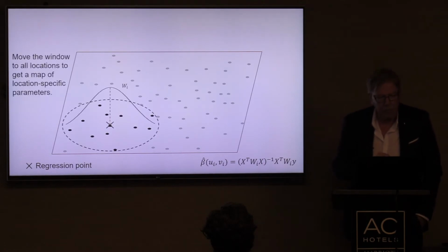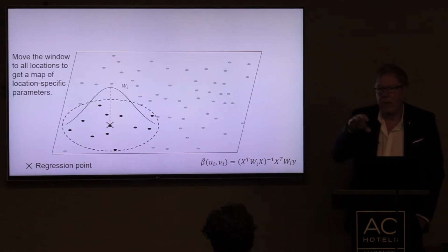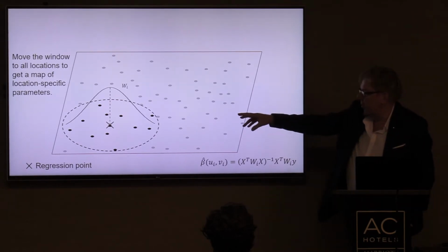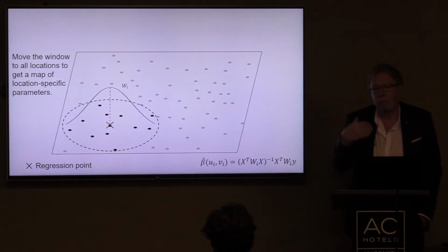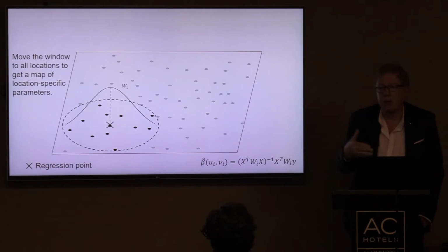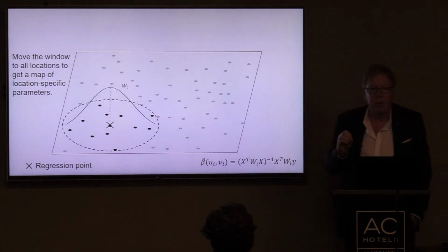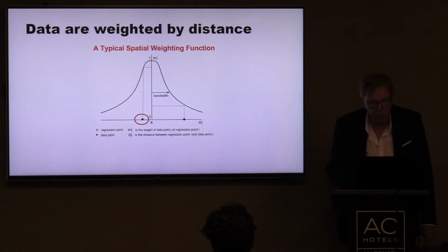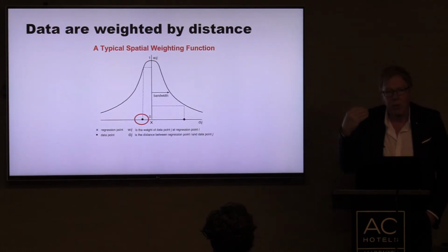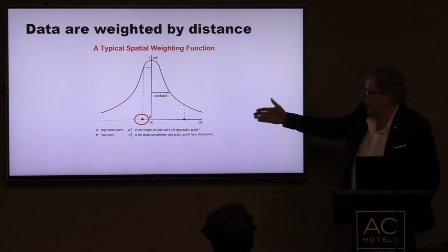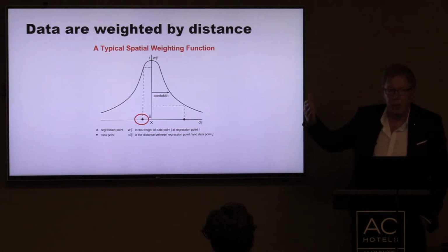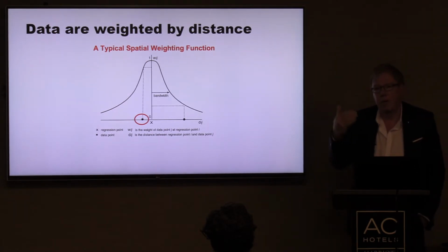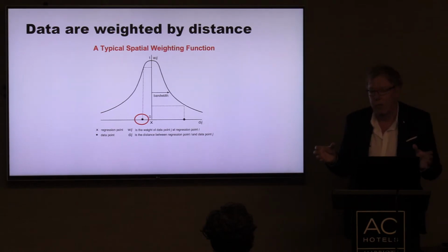And we can do that at every location in space. We can just say, there's our focal point, and we can calibrate a model, it doesn't matter what kind of model it is, for that location by borrowing data from nearby locations. So in doing that, what we do is we give the data some weight between 0 and 1. And that weight is a function of how far away they are from the regression point.